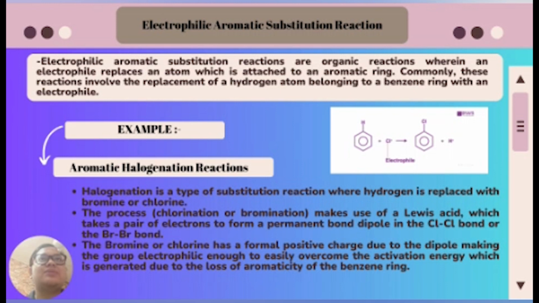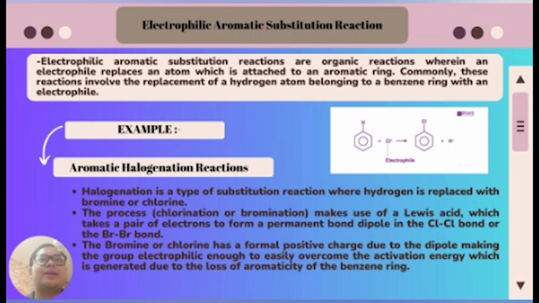An example related to electrophilic aromatic substitution reaction is aromatic halogenation. Halogenation is a type of substitution reaction where hydrogen is replaced with bromine or chlorine. The process, which is called chlorination or bromination, makes use of a Lewis acid which takes a pair of electrons to form a permanent bond dipole in the Cl-Cl bond or Br-Br bond.